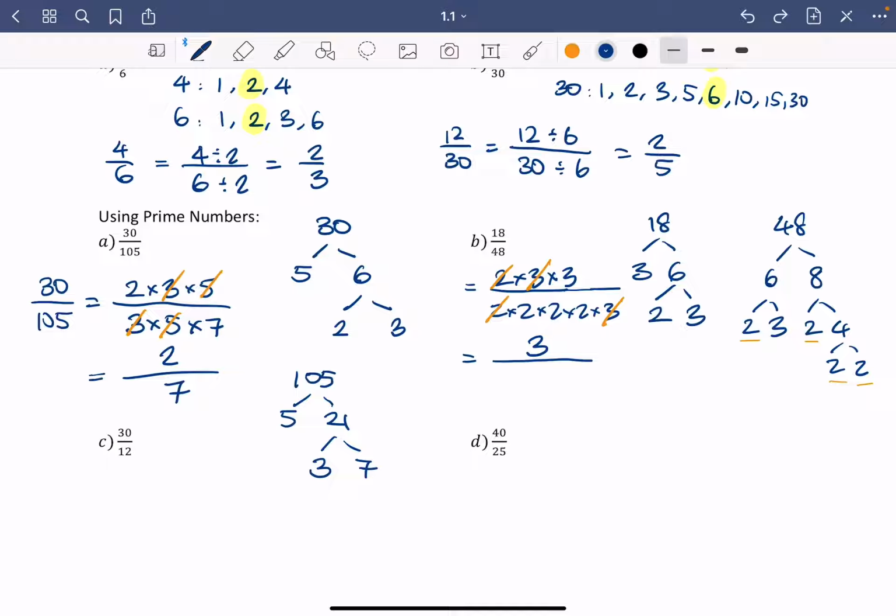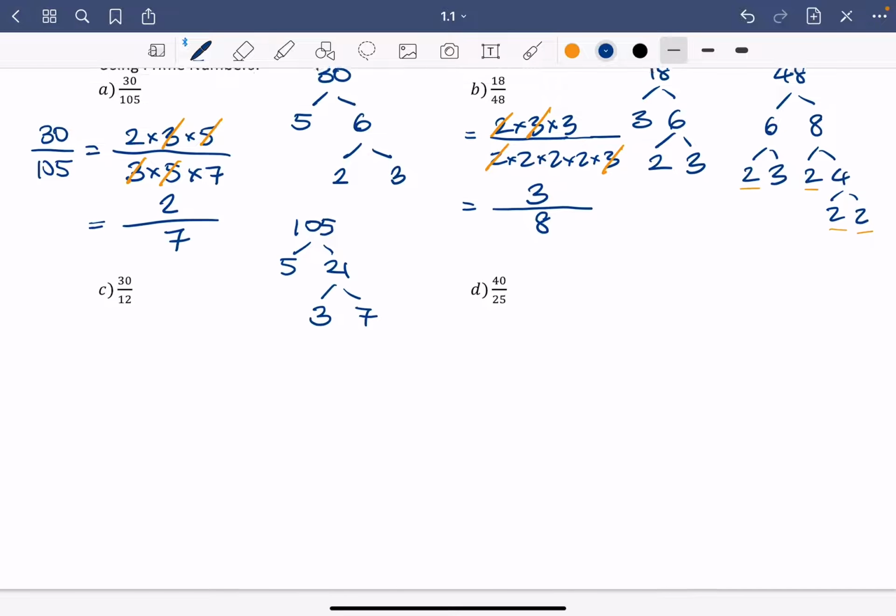We don't really like to leave our final answer as a product, as a multiplication of numbers. So I want to just re-multiply these together. So 2 times 2 times 2 is equal to 2 times 2 is 4 times 2 is 8. 3 over 8 will be our final answer.